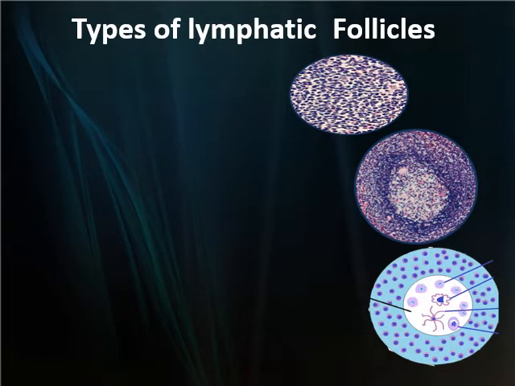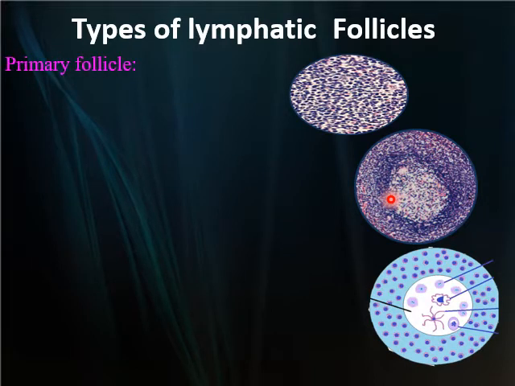Now, what are the types of lymphatic follicles? We have two types. This is a lymphatic follicle and this is another lymphatic follicle. What is the difference between this and this? Yes, very good, this lymphatic follicle has a pale center. So the difference between the two is the presence of this pale center.